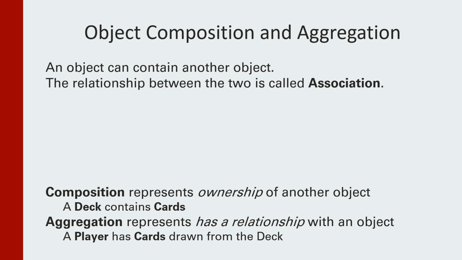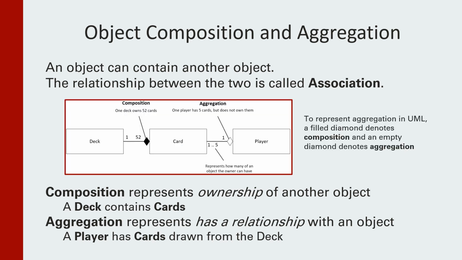So here we have a card object, a deck object, and a player object. And we can actually draw diagrams to represent these kinds of relationships. So here I have this deck, and composition, which happens to be represented with this filled in diamond. So this shows that deck is a composition of cards.